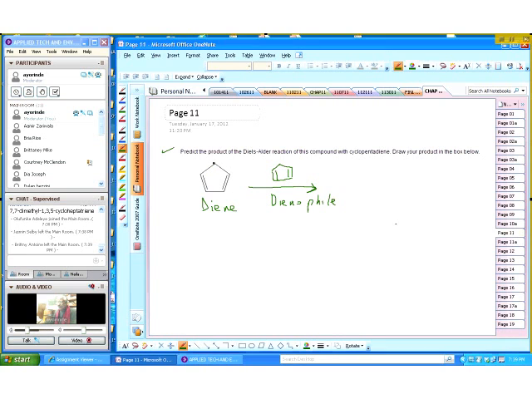Let me orientate this molecule in such a way that I will be able to see my Diels-Alder reaction much more clearly. I'll have this double bond here and this double bond here. Then I have this acting as a dienophile right here.